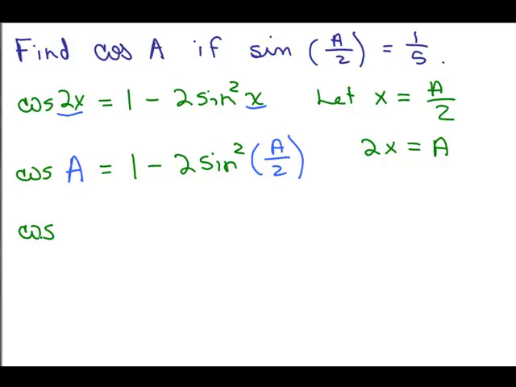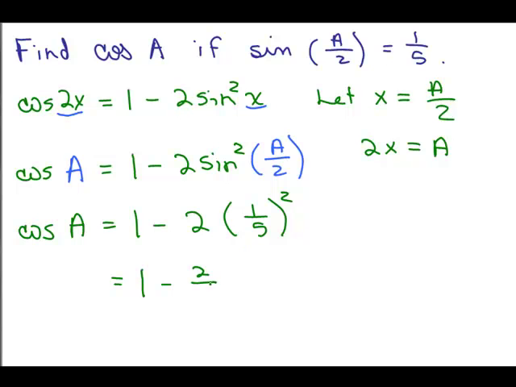And with all of these you have to think, is there a formula where I could use a strategy to figure out what I need? So this gives me the cosine of a equals 1 minus 2 times the sine of a over 2 squared, and I know the sine of a over 2, it's 1/5. So this is 1 minus 2 times 1/5 squared.